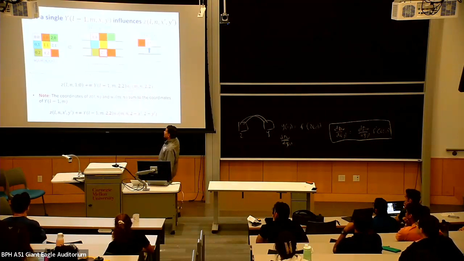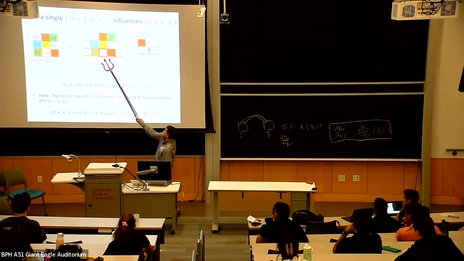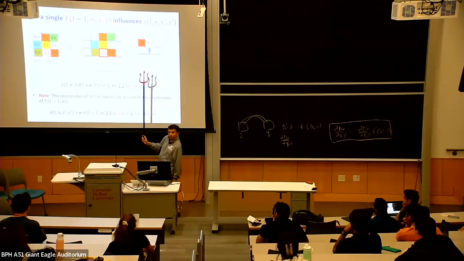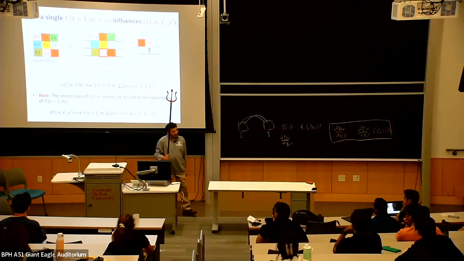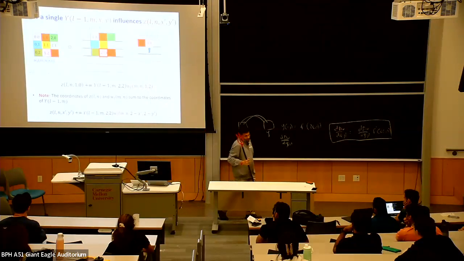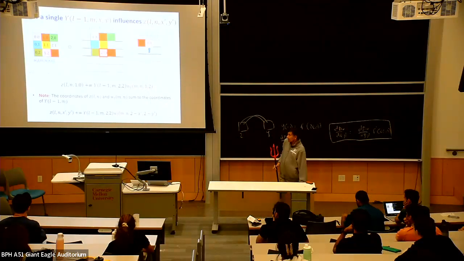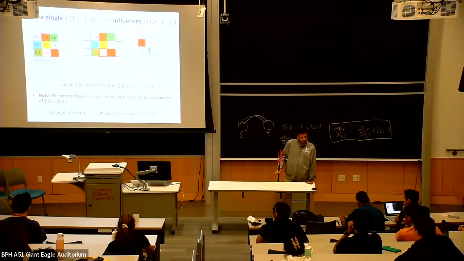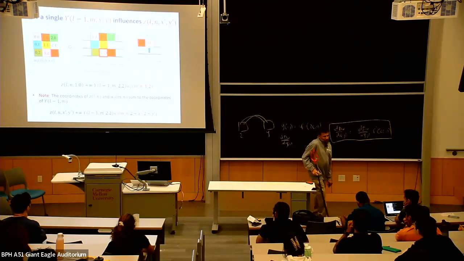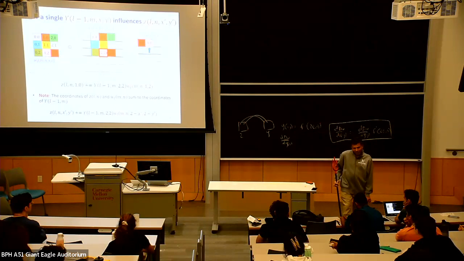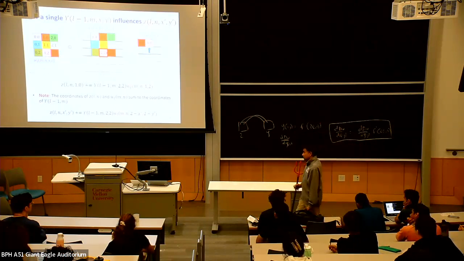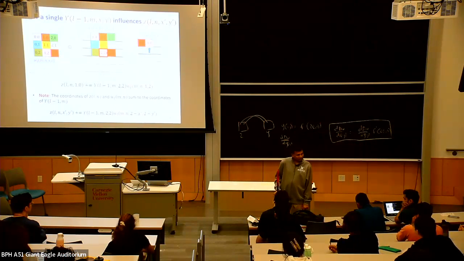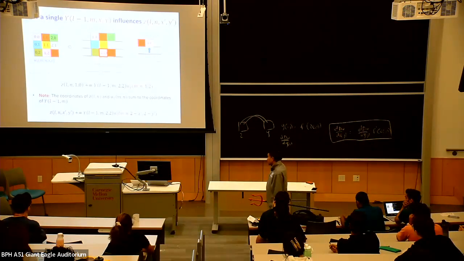Now, let me slide that forward. How does y22 contribute to z10? Anyone? It gets multiplied and added.